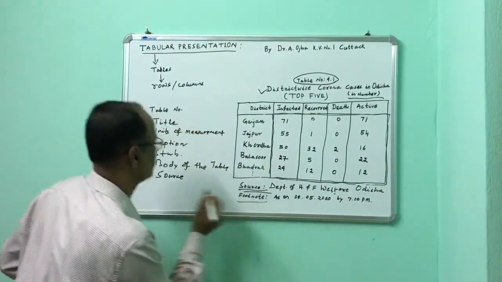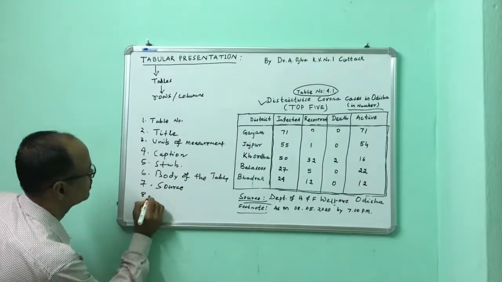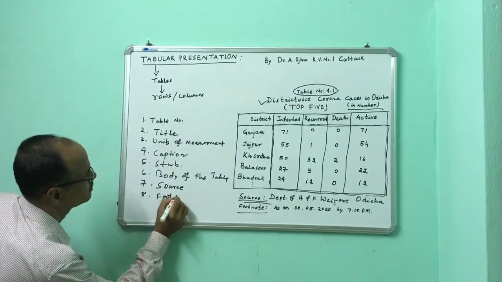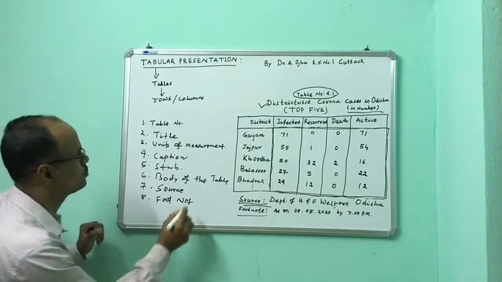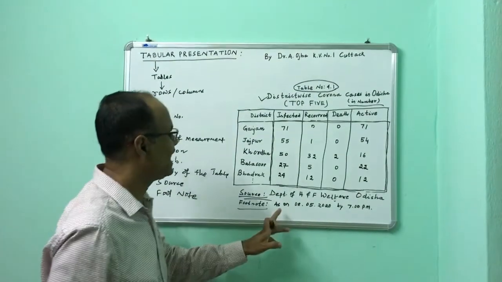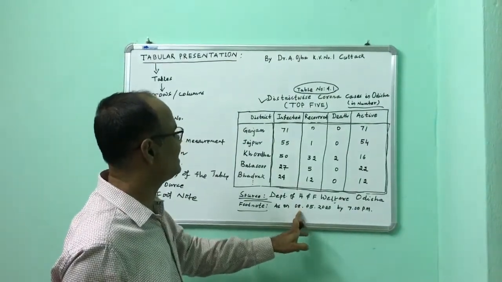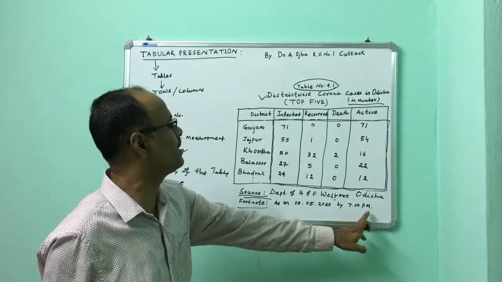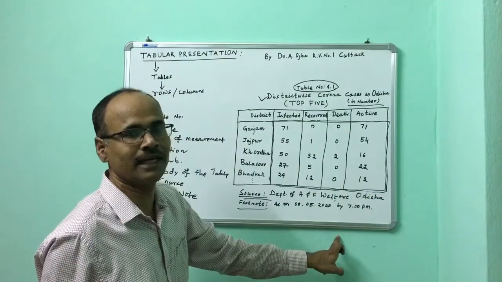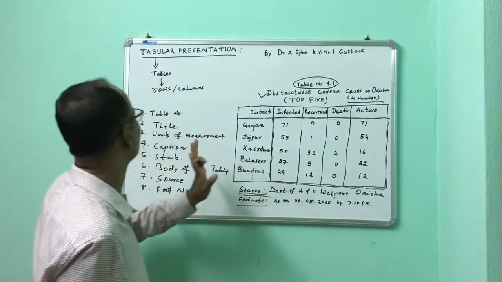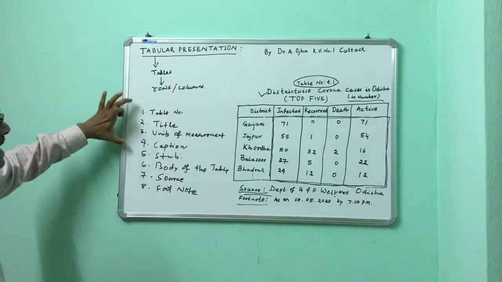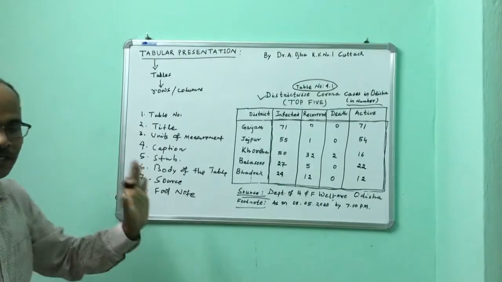Next is footnote. Here, as on 8th May 2020 by 7 PM, the data is collected and this note is given here. Therefore, in a statistical table, we have 8 parts.